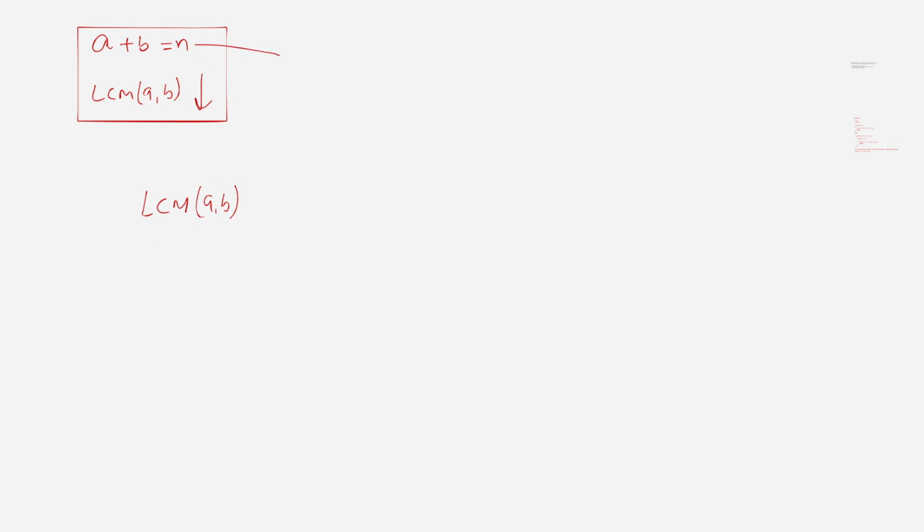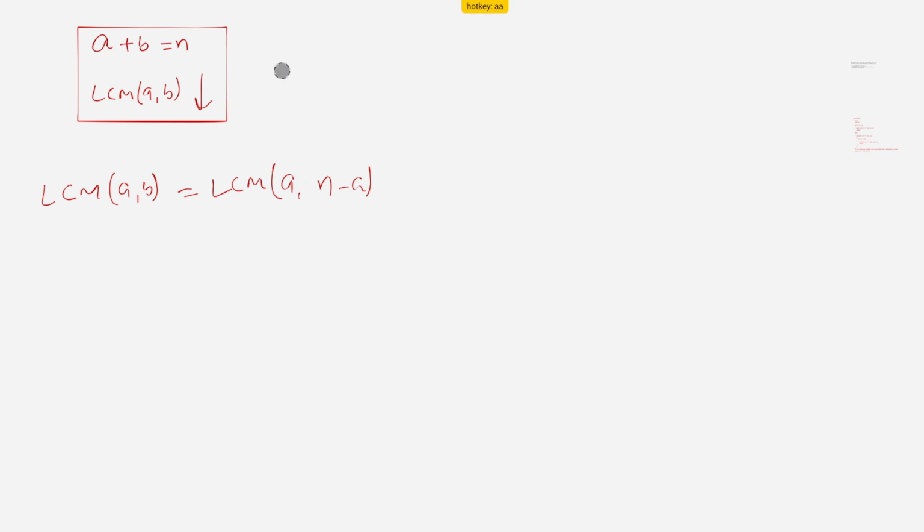From these conditions, can we write the LCM of a, b equal to the LCM of a comma n minus a, as it is given that the summation of a and b would be n, and you can see here these will be cancelled.